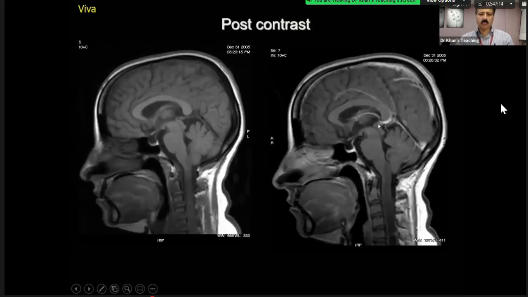So this is the pineal which is not enhancing in this particular case, but you can include it in the list. So these are the things which will enhance. Key thing is the meninges, and I will show you cases where there will be abnormal enhancement, which will be contiguous in serial slices.